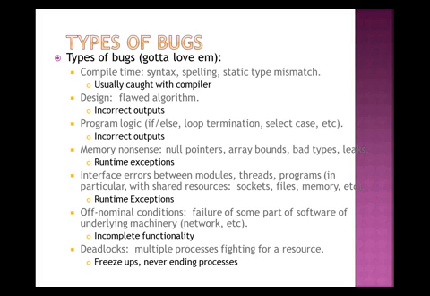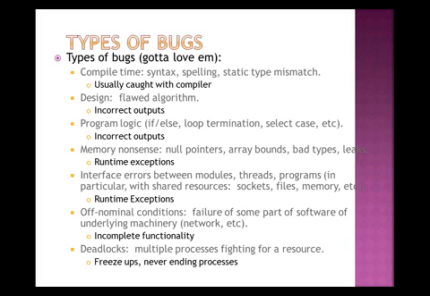Next, spelling error. If there is a spelling mistake, that is also a type of bug. Then static type mismatch. The best example, as I told you, is a mismatch in the type. Suppose I am using the %d and I am using a float. That is not correct.